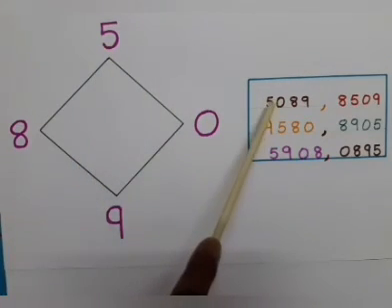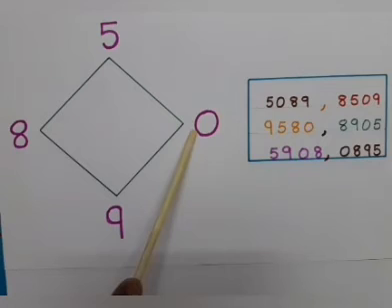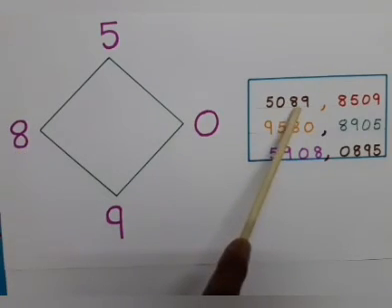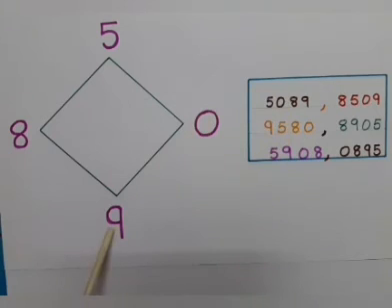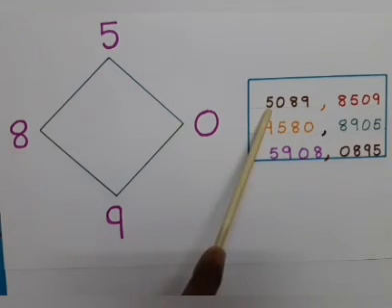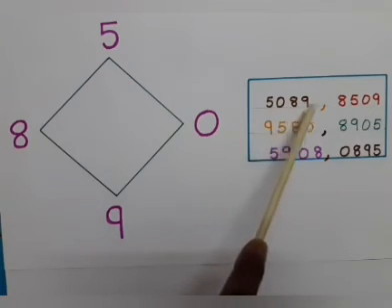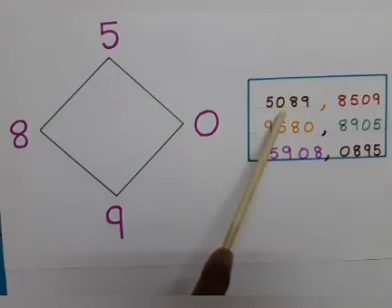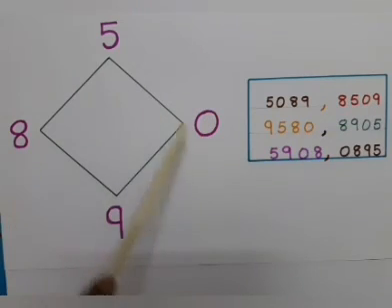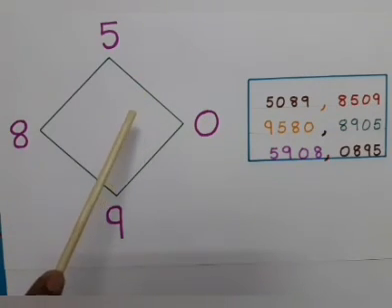Number 5 I have written here. Number 0 I have written here. Number 8 I have written here. And number 9 I have written here. So this number is 5,089. So this is our first 4-digit number using these numbers, and I have used these numbers only once.